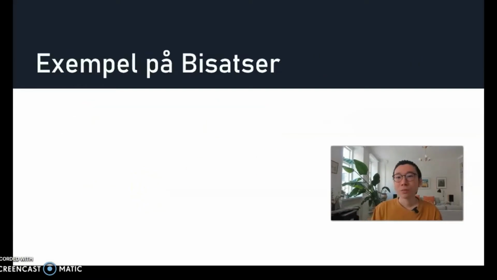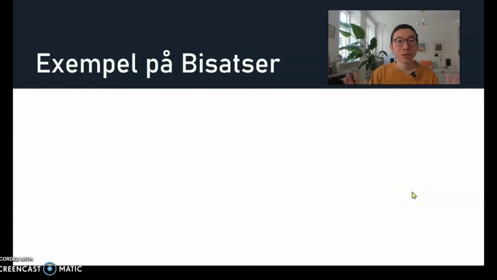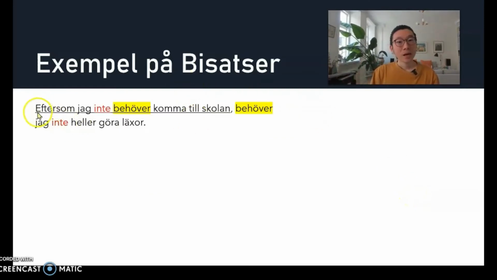Nu kan vi titta på fler exempel på bisatser. Now let's see more examples on subordinate clauses. Eftersom jag inte behöver komma till skolan behöver jag inte heller göra läxor. Because I don't need to come to the school, I don't need to do the homework either.